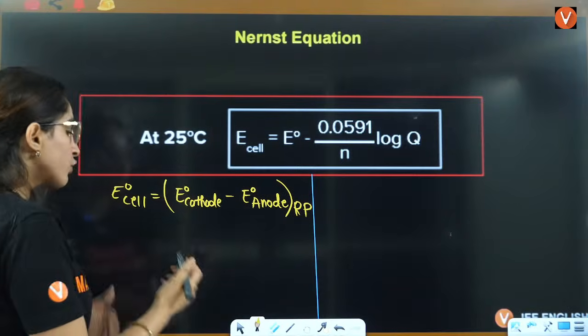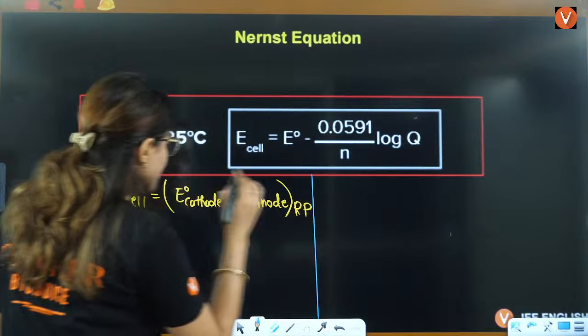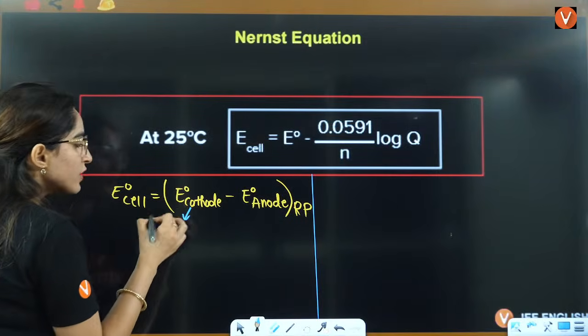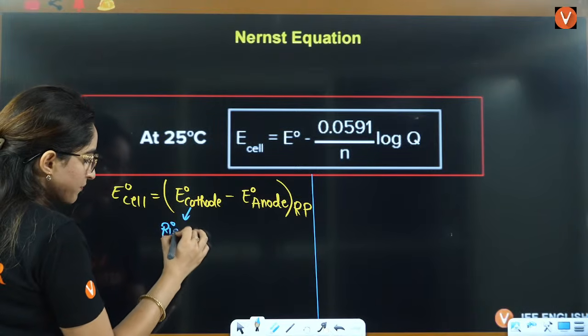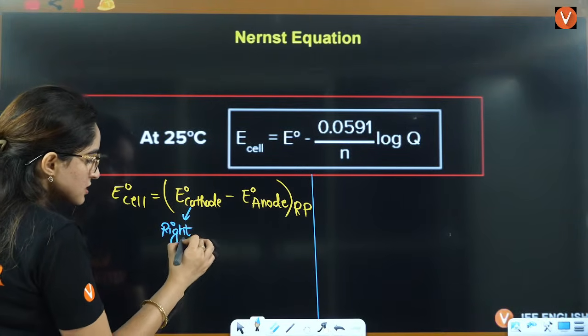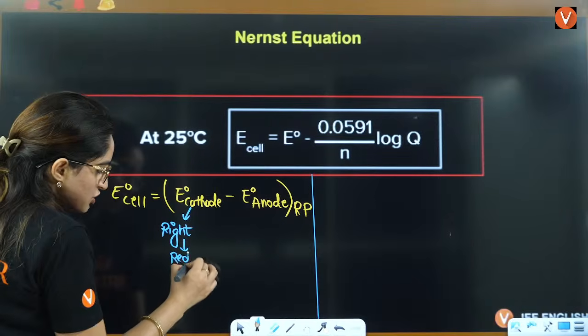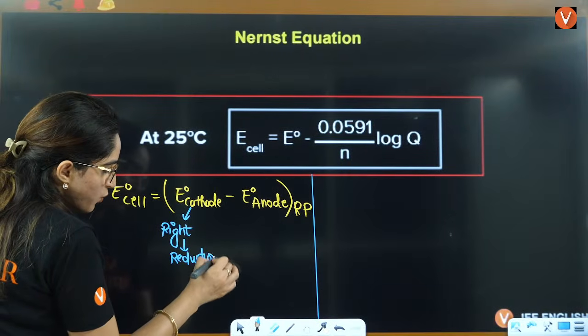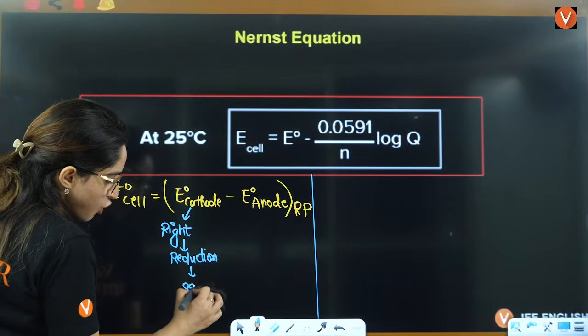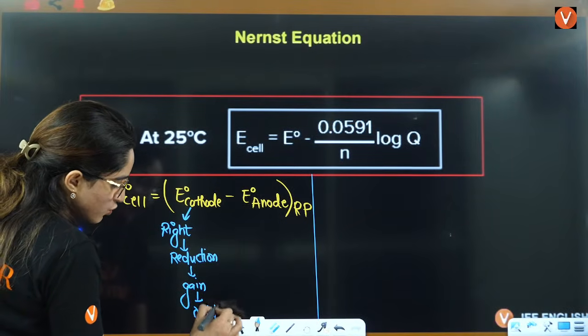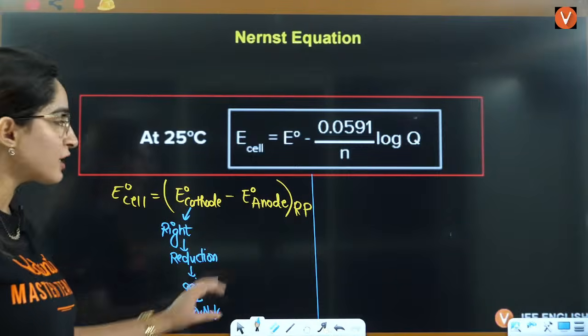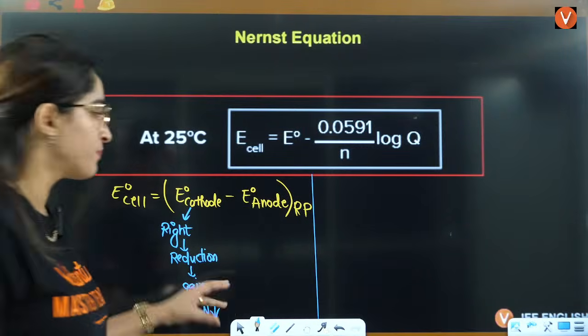Ma'am, how do we define what is a cathode, what is an anode? A cathode will always be on the right side, and this will be reduction where you will have gain of electrons, and here the oxidation number is going to decrease. That will tell you that this is the cathode.